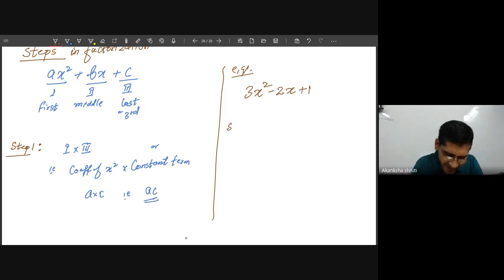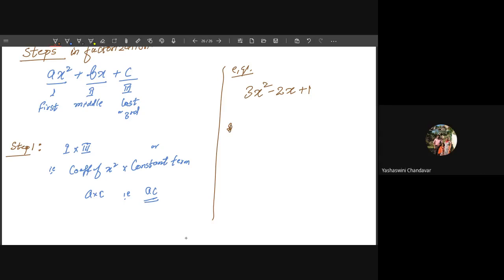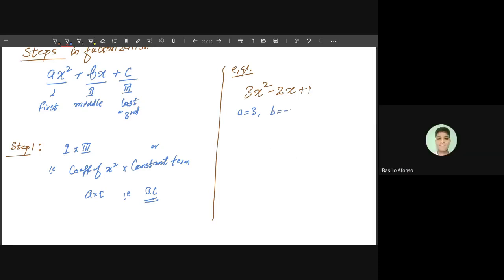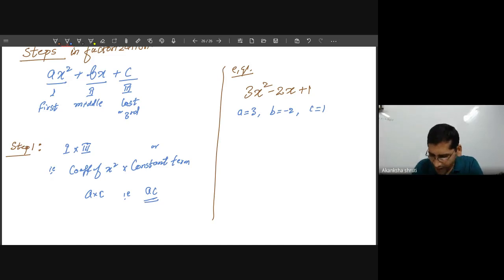For doing step 1, you just write a, b, c. a is how much? 3. b is how much? Minus 2. And c is how much? 1. Very first you write a, b, c. Then you follow step 1, which tells you to multiply a with c. What is that? It is 3 into 1, which is 3. Okay, student, I have taken a very simple one to be convenient.